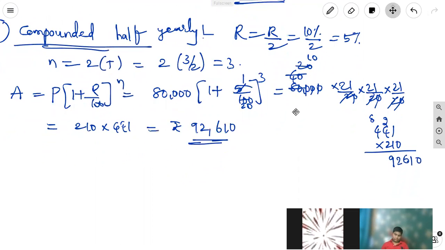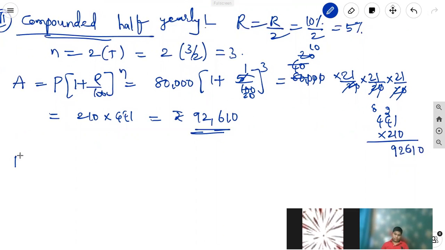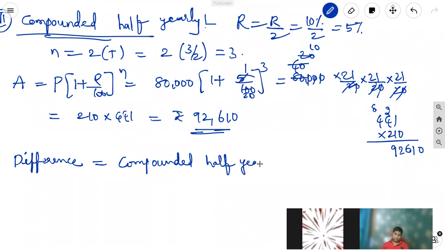Here 92,400. What is the difference? Difference for the compounded annually and compounded half yearly. Compounded half yearly minus compounded annually.